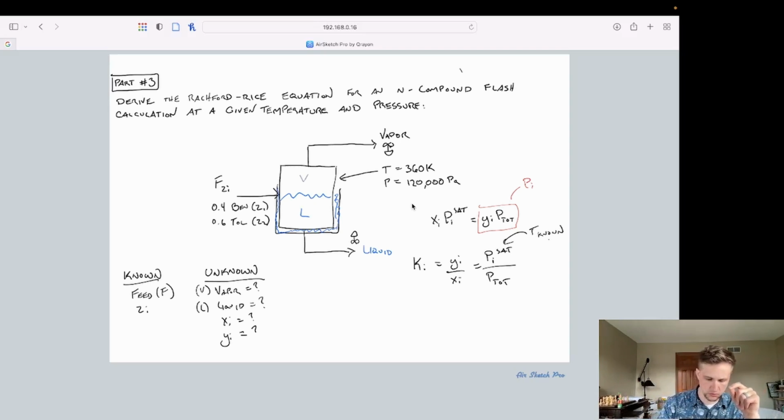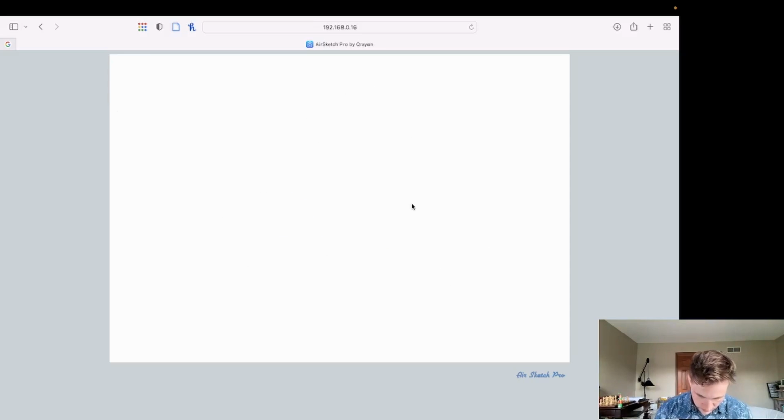Even if we don't know the mole fraction in the vapor phase or the mole fraction in the liquid phase individually, we can know what the ratio of them is, because we know the temperature. Knowing this ratio is going to come in really handy for the Rachford-Rice equation, which is what we're going to move forward with now.